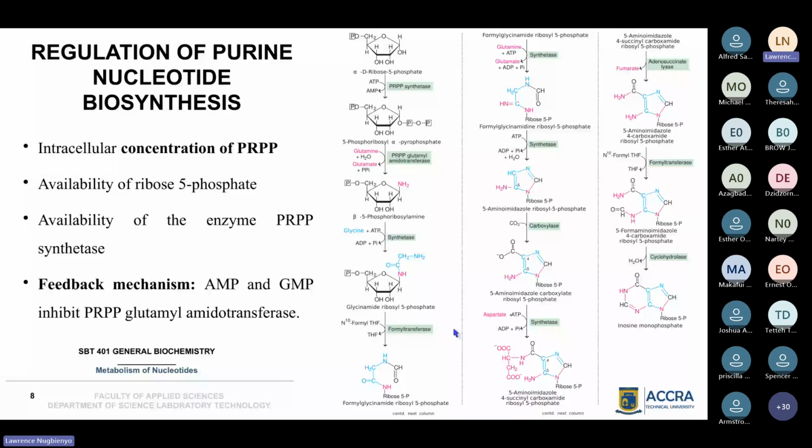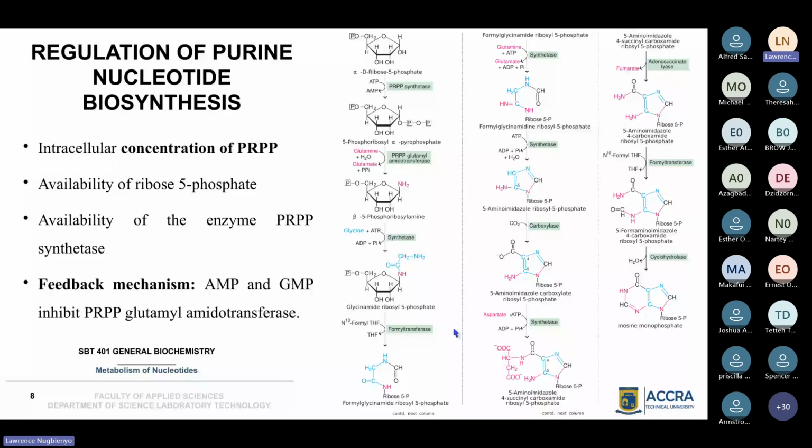Now, when you look at the biosynthesis of the purine nucleotide, which we looked at earlier, you realize that first of all, for these reactions to occur, you need the ribose 5 phosphate, that 5 carbon sugar, which is produced from the pentose phosphate pathway.